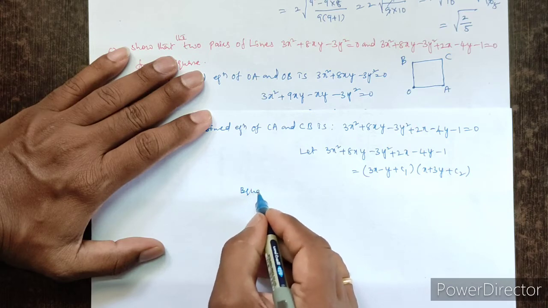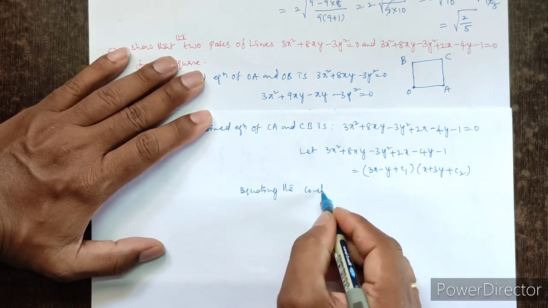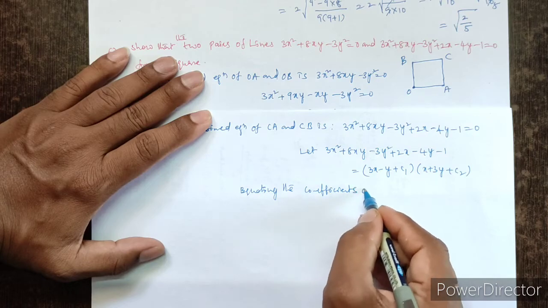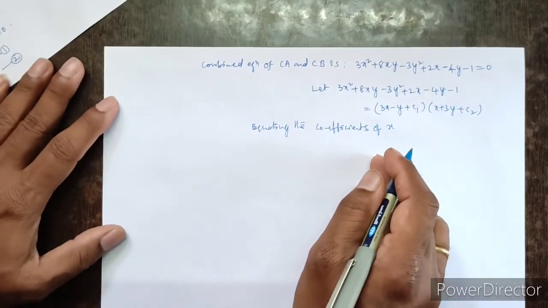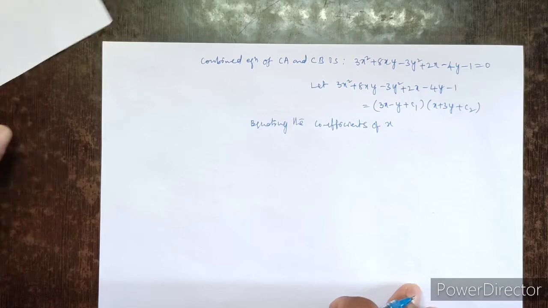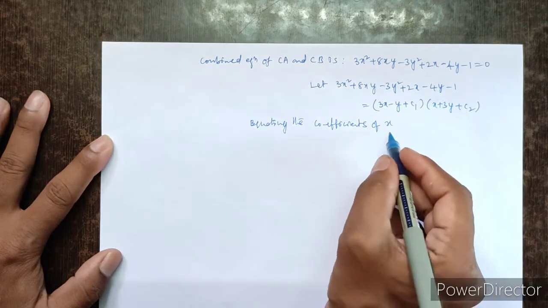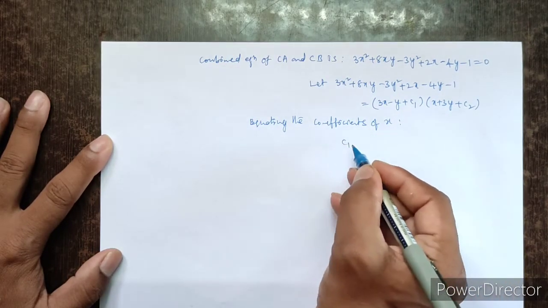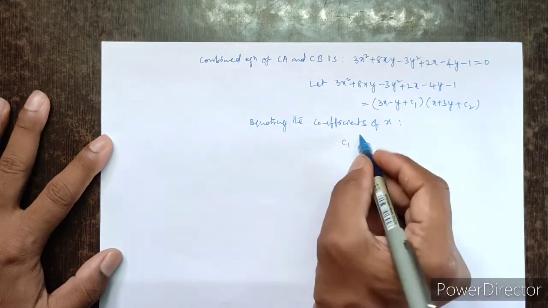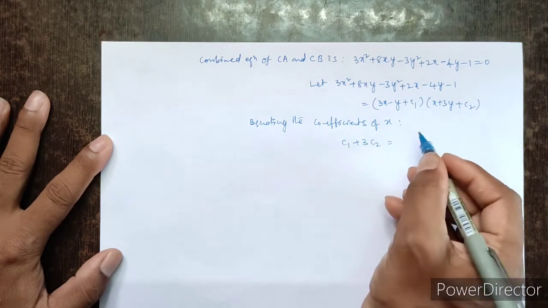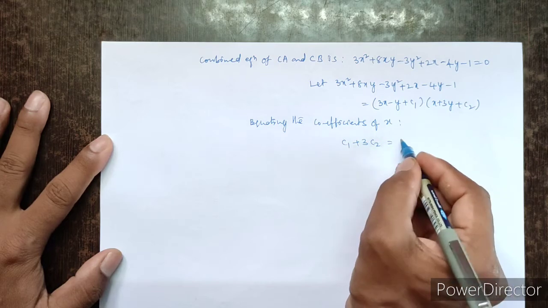Equating the coefficients of x here. Coefficient of x is nothing but c1 into x, that is c1, and from the other factor it is 3c2. The coefficient of x here is 2.